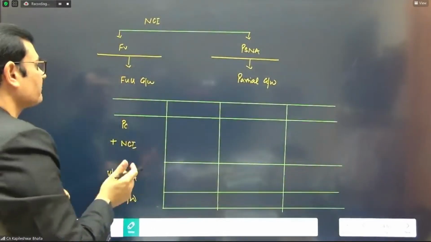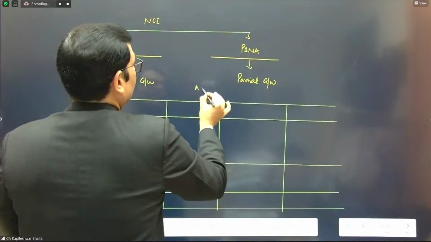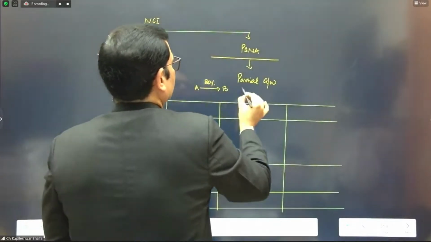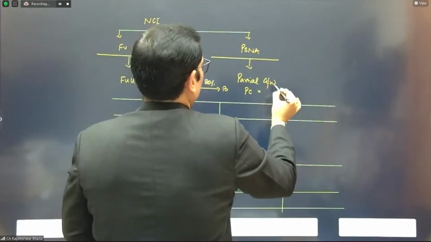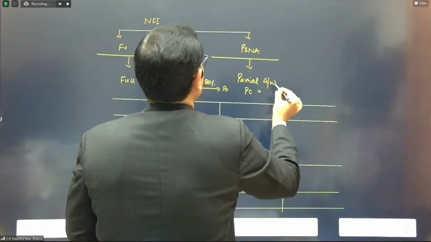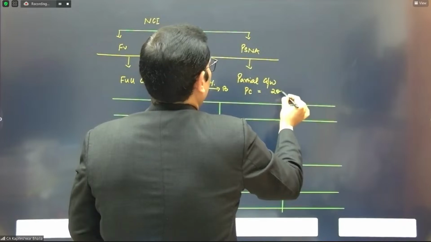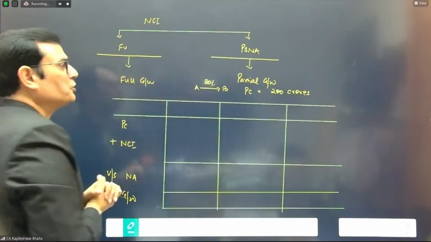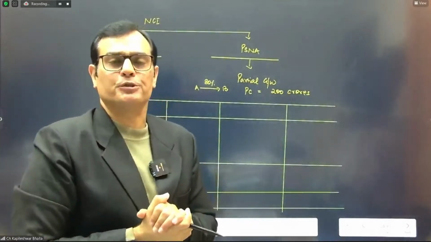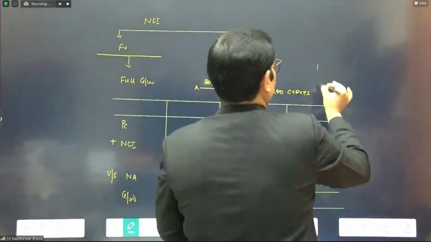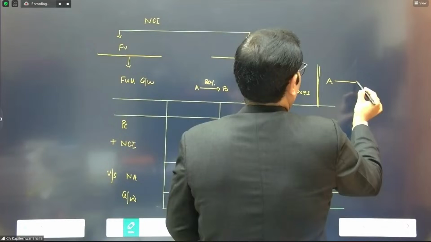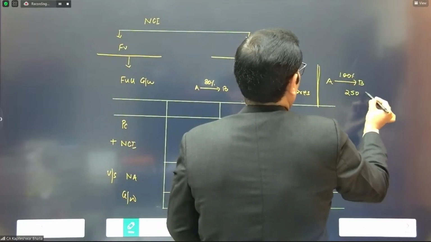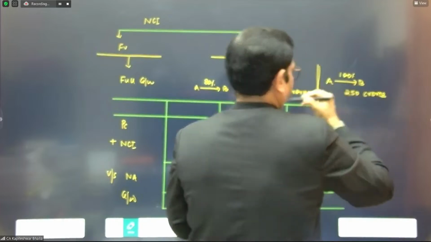Watch this carefully. Let's say A acquired 80% shares in B, and let's say the purchase consideration is 200 crores. Alternatively, let's also consider A acquired 100% shares in B and the purchase consideration is 250 crores.